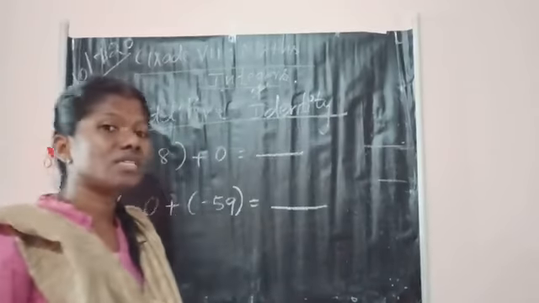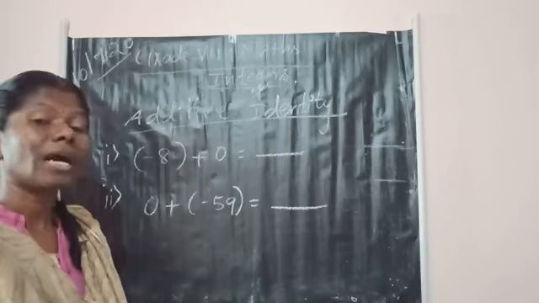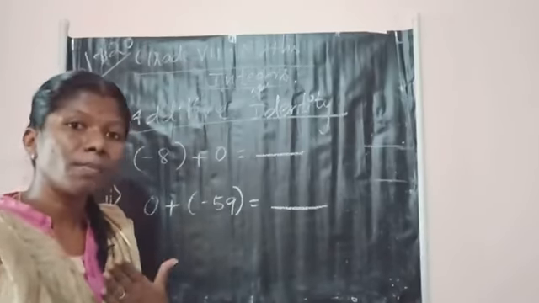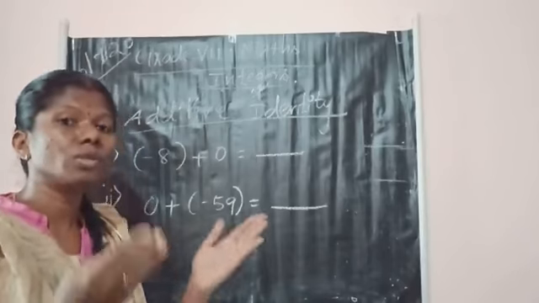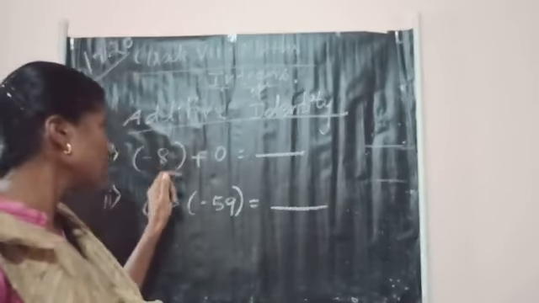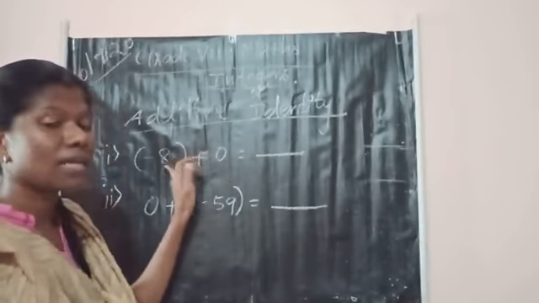Now let's see the additive identity. What is it? Additive identity is nothing but when you are adding 0 with any whole number or any negative number, you will get the same value. So I am taking the first question as minus 8, and 0 is the additive identity. That is minus 8 plus 0.